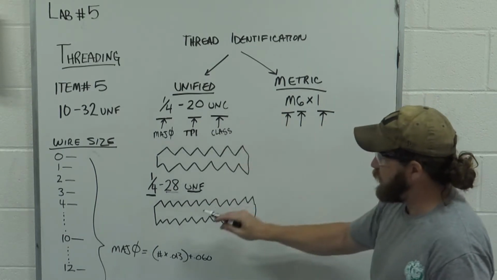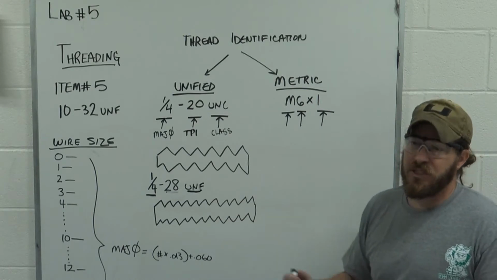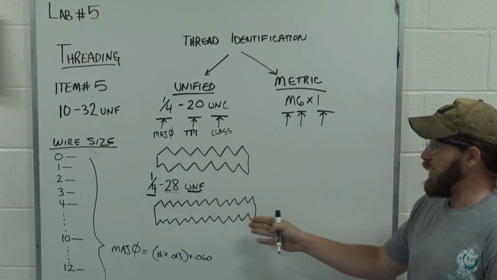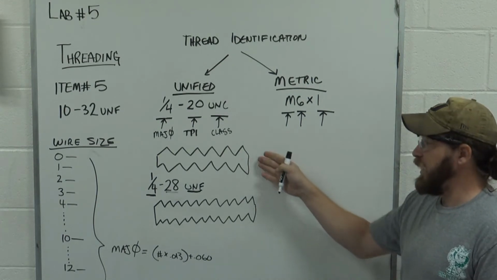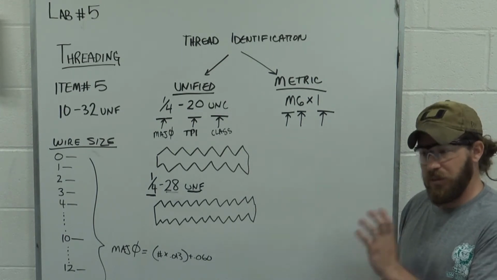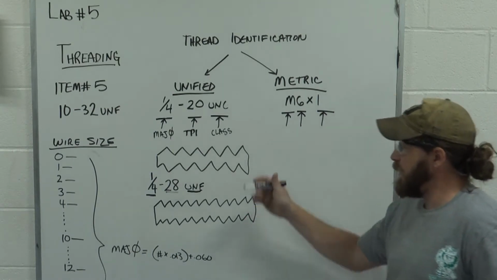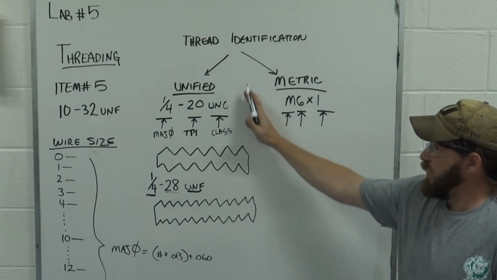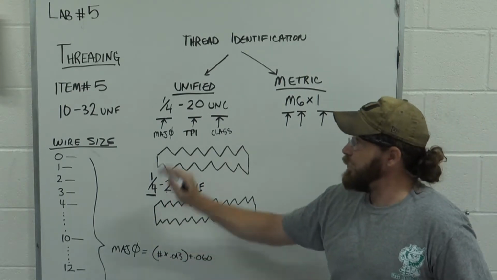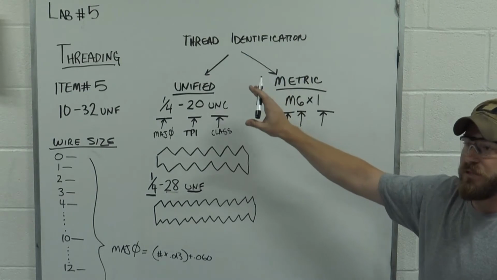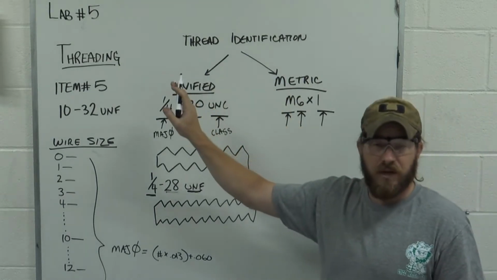There's also a UNEF, which stands for unified extra fine. In the quarter inch major diameter series, they don't really make one of those. This is the unified. It's important to learn this, because it will save you a trip out to the hardware store.